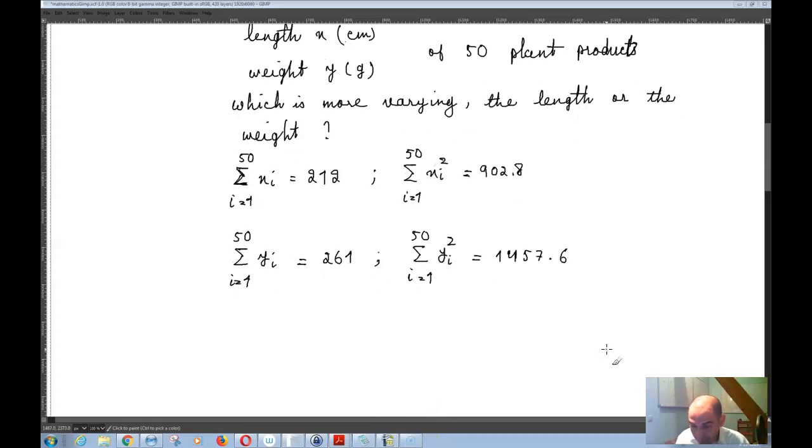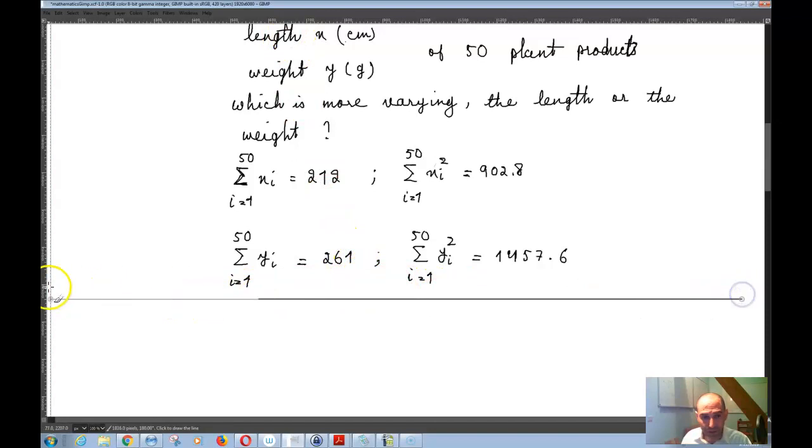Okay, so now you have to make some assumptions here. For example, when it comes to the length, which is x here, you have sigma x of i as i goes from 1 to 50 is equal to, for example, 212.